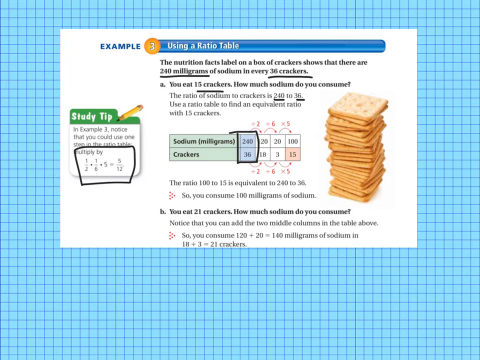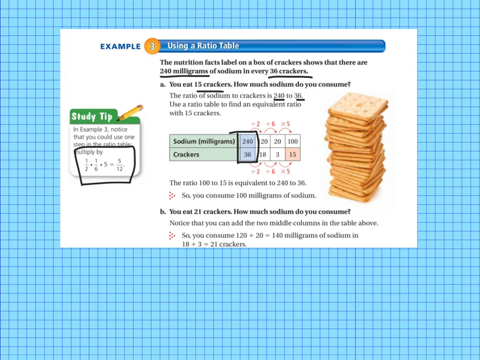So first of all, we go, well, we aren't eating 36 crackers, we're not that hungry, we're eating 15. Well, 15 isn't a factor of 36, but we know if we divide 36 by 2, we get to 18, which is close. So we're going to do that.